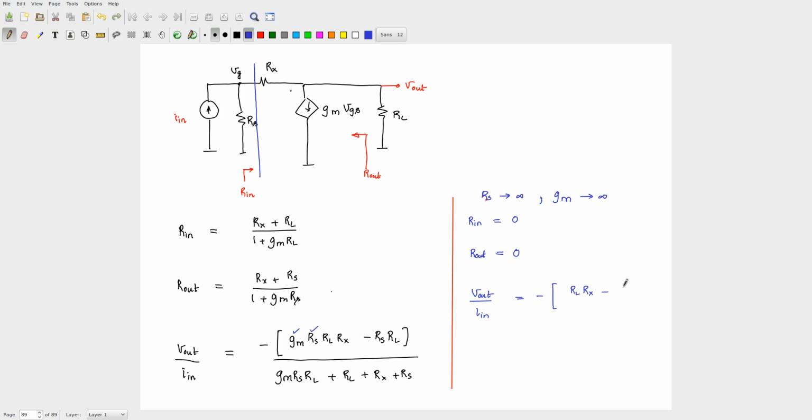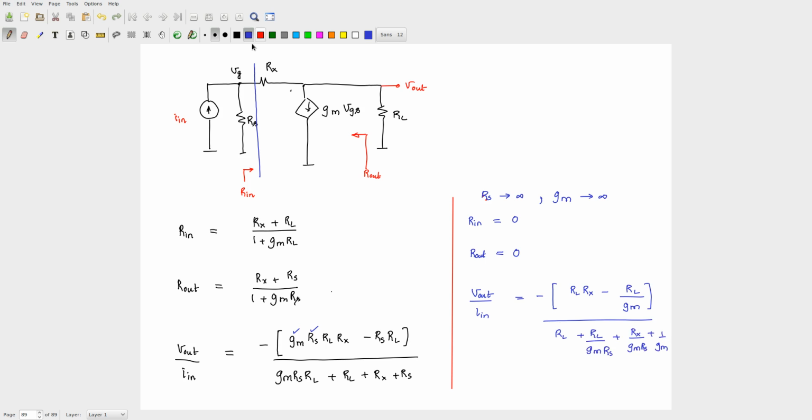What will this term become? RL by Gm, and in the denominator the first term will become RL, next term plus RL by Gm Rs plus Rx by Gm Rs plus 1 by Gm.